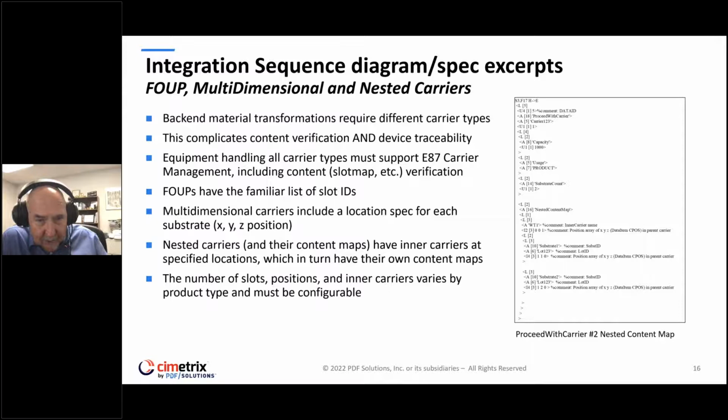So this actually complicates some of the E87 messaging and some of the E142 traceability messaging. So, FOUPs, of course, we're very familiar with the slot IDs, but the multidimensional carriers have a much more complicated location spec, and you have to handle the content maps for all of these pieces.